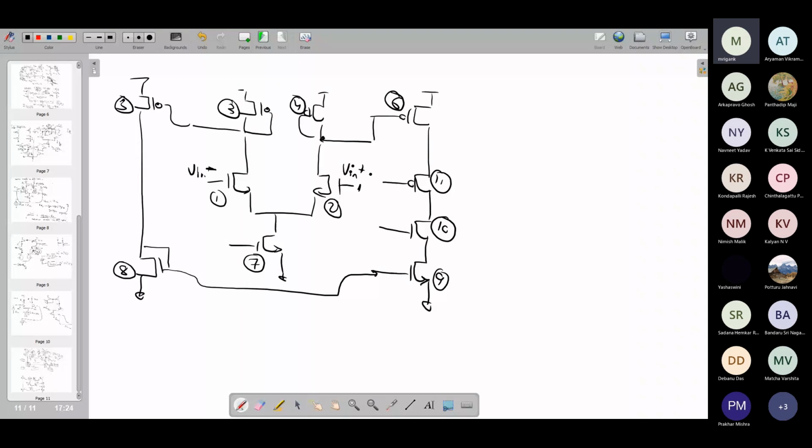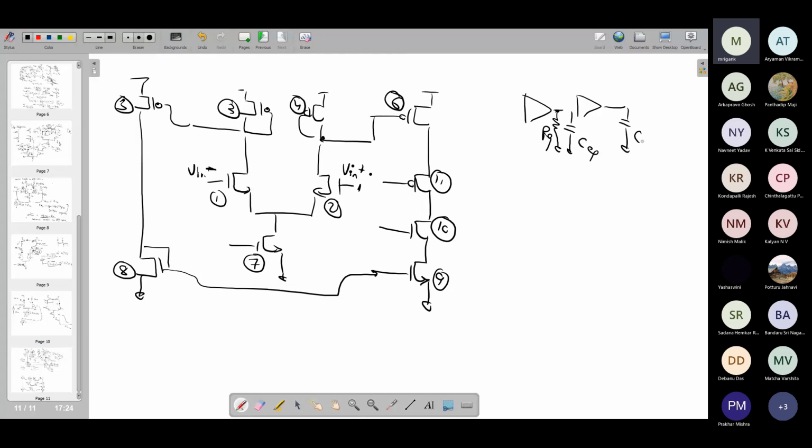Remember, in order to find out the pole at a particular point, we need to look at the overall small signal impedance from that node to the ground and also small signal capacitance from that node to the ground. So if you have a multi-stage amplifier, we have discussed that at any node, we look into R equivalent and C equivalent.